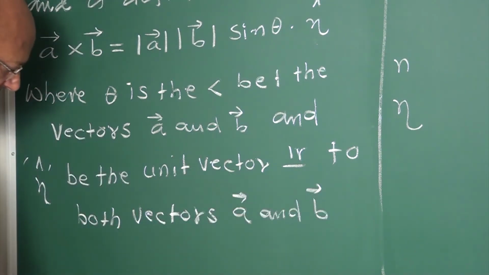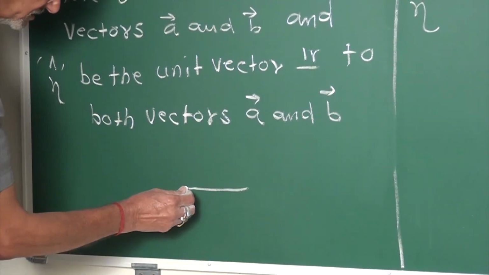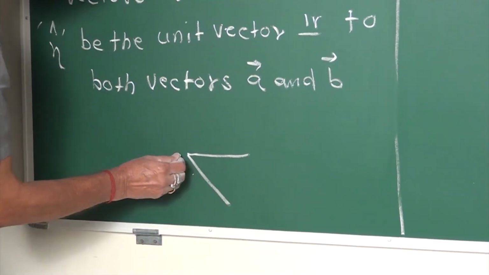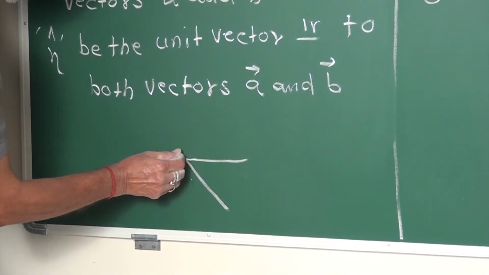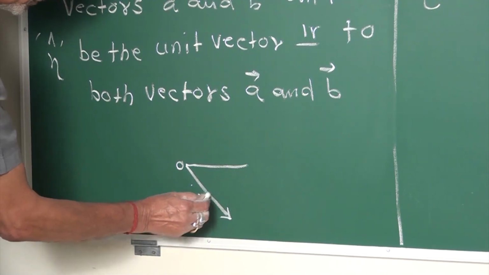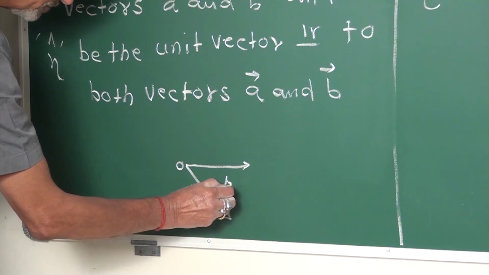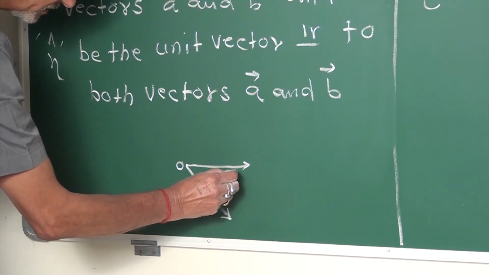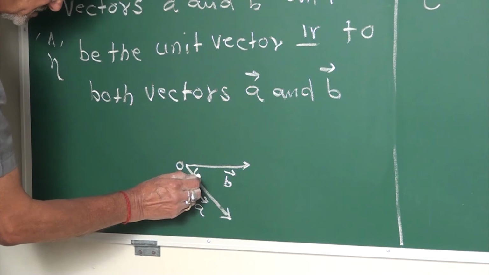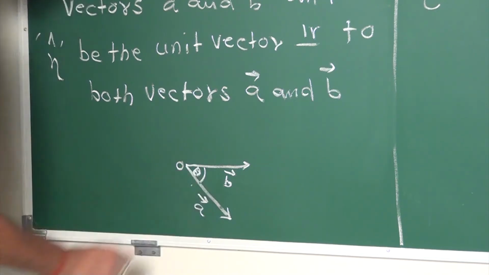This, my friends, if this is vector B, this is vector A, and this is vector B. This is the angle between them, this is theta.